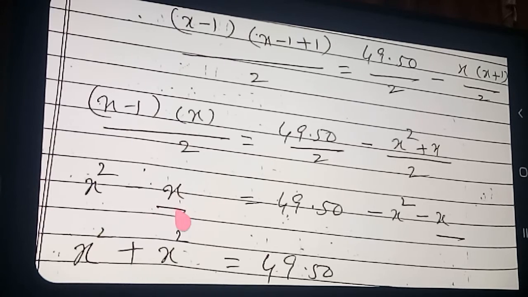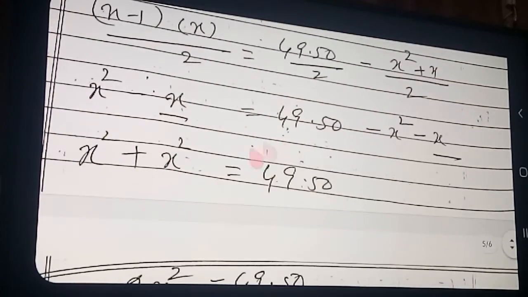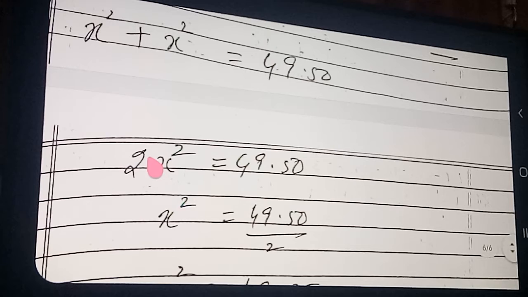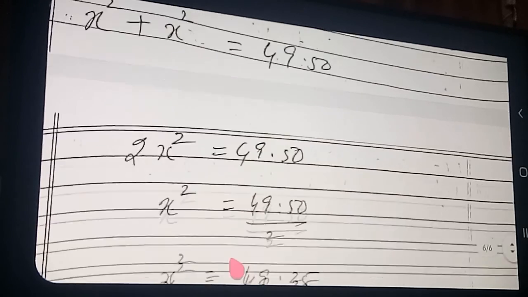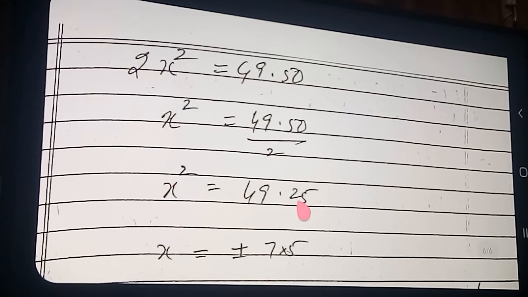The minus x and minus x cancel. And this minus x square coming to this side, x square plus x square gives 2x square, equal to 49 into 50. So 2 cancels, and we get 49 into 25. Take the square root on both sides.